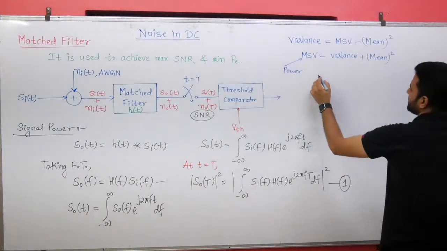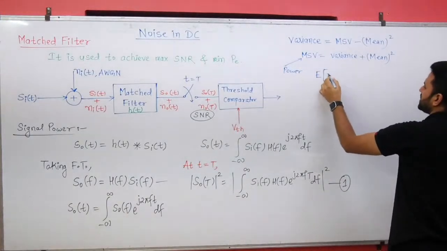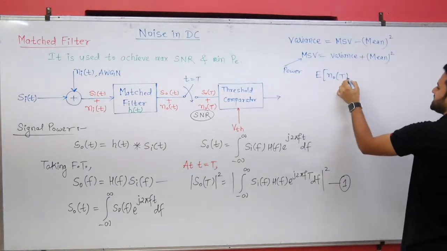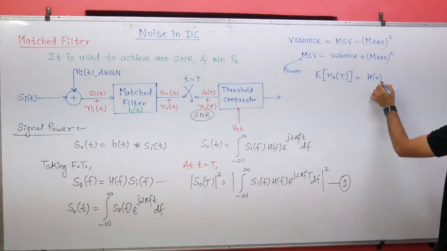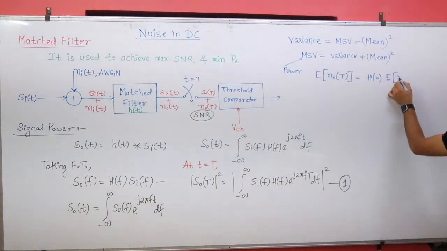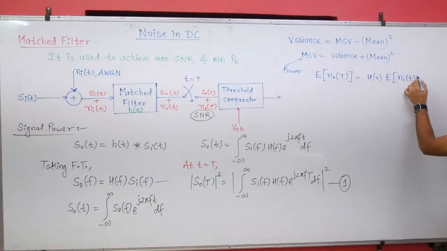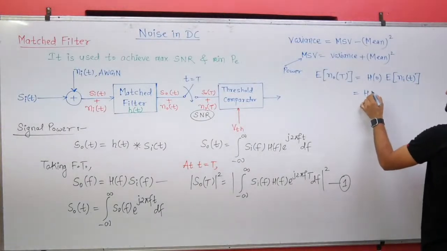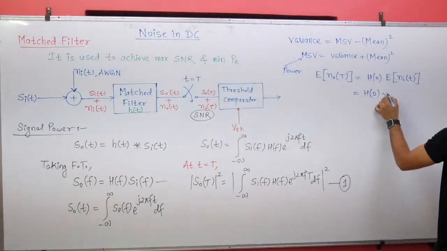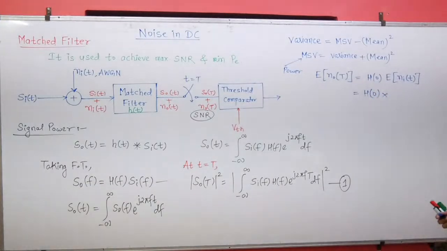So the mean value of noise at time t is equal to T is h of 0 and expected value of n(t). So whatever will be the response of the filter, what is the mean value of input noise?